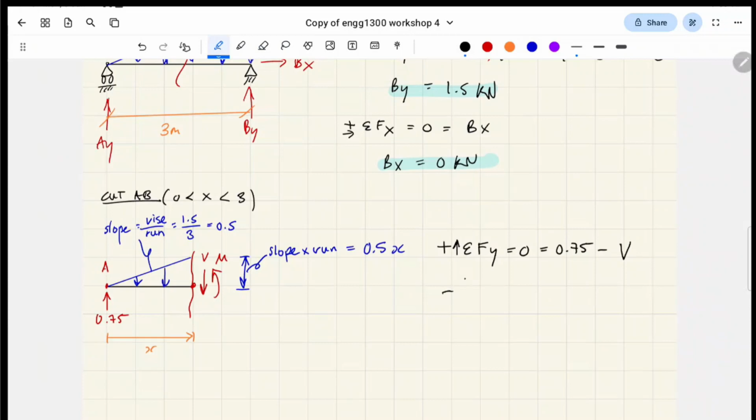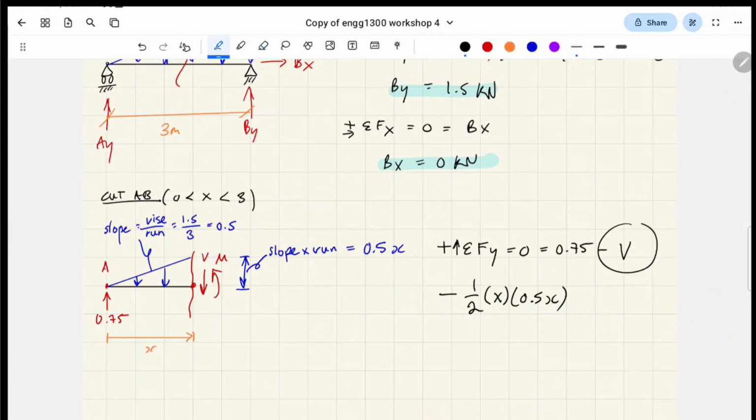To get the magnitude of that triangle, we just have to subtract half the base times the height, because it's a triangle at the end of the day. The base is x, and the height of the triangle is what we calculated earlier, the slope times the run. So now we've accounted for all the vertical forces.